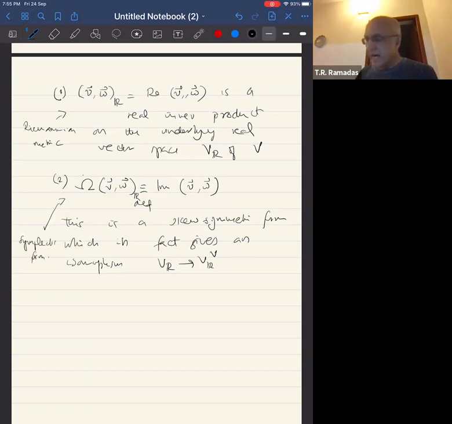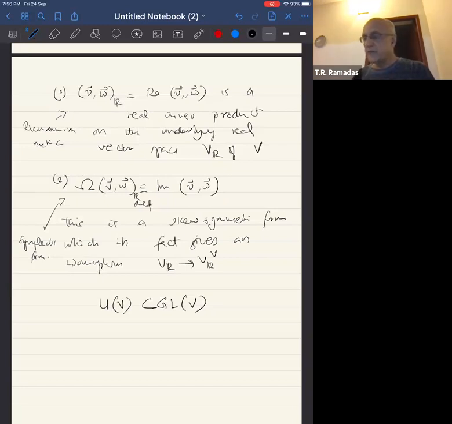Okay. And given the inner product, I have the corresponding unitary transformations of V, and unitary transformations will act as orthogonal transformations. Now, if you think of the unitary transformation of the complex vector space, it is also a linear transformation of the same vector space thought of as a real vector space.